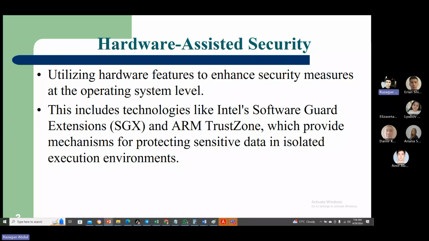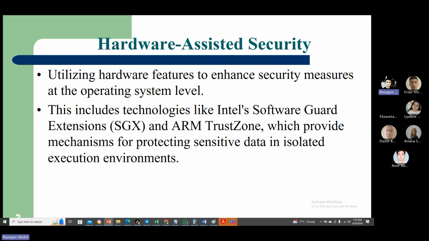The key technologies in hardware-assisted security: two of the most prominent technologies in the domain are Intel Software Guard Extensions and ARM TrustZone. Both technologies provide a unique approach to securing sensitive data and critical applications by facilitating secure computation in isolated environments.